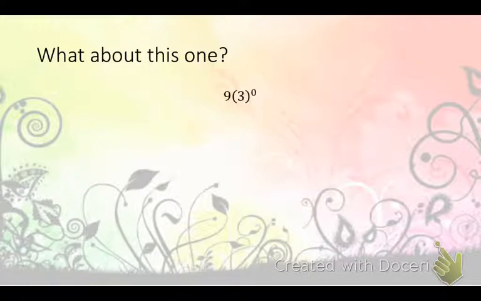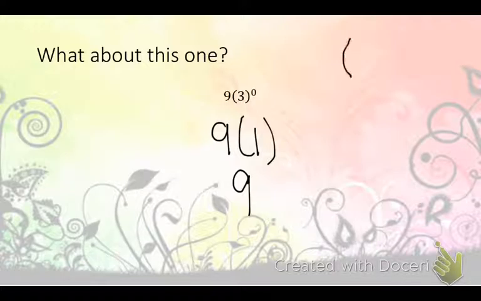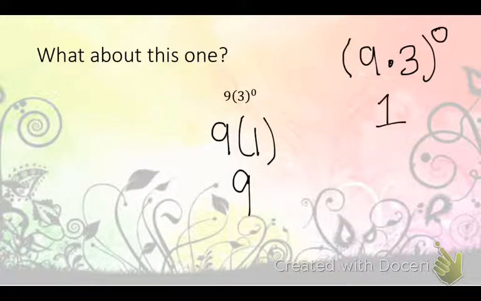So 9 times 3 to the 0 is like saying 9 times 1, which is just 9. If this was instead 9 times 3 in parentheses to the 0, then the whole thing would be 1. But because just the 3 is to the 0, the 3 is the only thing that becomes 1.